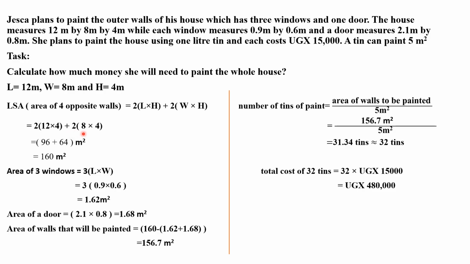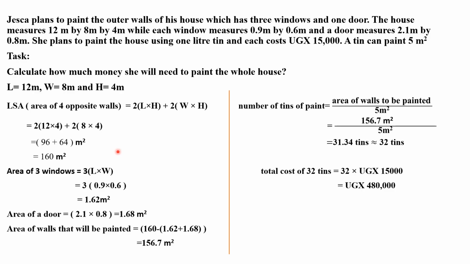Then we have 2 into 8, which is the width, then 4 is the height, and then I get 96, then plus 64, I get 160 square meters. Now, that is the area for the 4 walls.